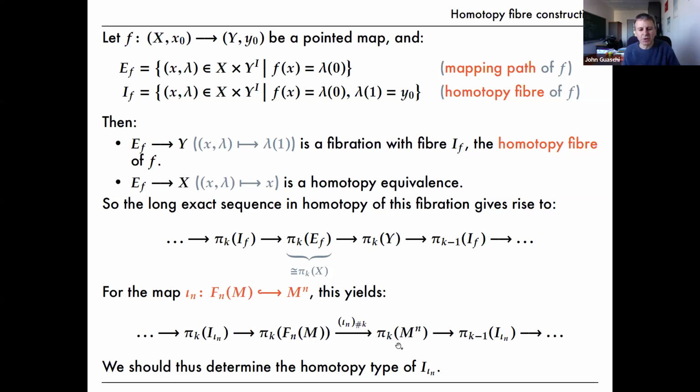The idea is that we hopefully know something about these spaces and also about these groups, and so we might find out something about these groups, or conversely, if we know something about these groups, then that can give us information about these homotopy groups. It's more in this direction that we'll be heading. So we'll be able to say something about this group here, and deduce information about these groups.